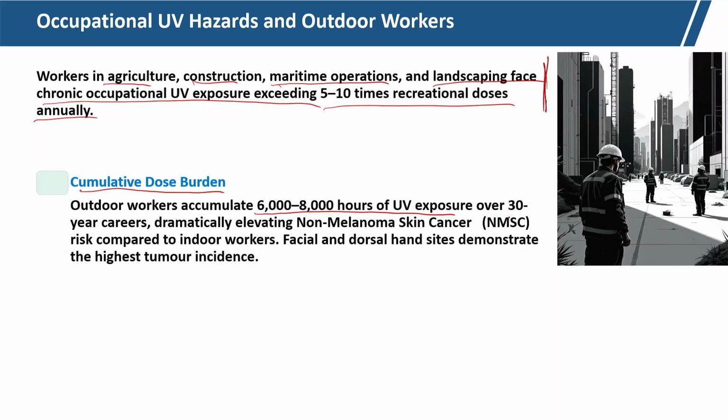So, for this type of work, for outdoor workers, we must design protective clothing with high UPF value. In a 30-year career, 6,000 to 8,000 hours they are exposed to UV rays, which dramatically elevates the skin cancer risk compared to indoor workers.